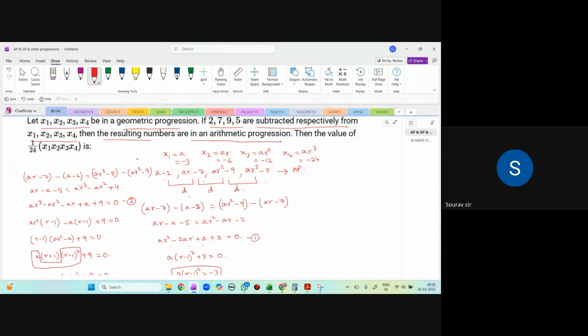So therefore, the product will be positive for negative numbers. So 1 by 24 into x1, x2, x3, x4 will give you 1 by 24 into 3 into 6 into 12 into 24. 24 cancels. So that's 18 into 12, which is 216.